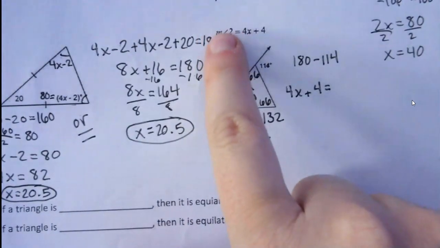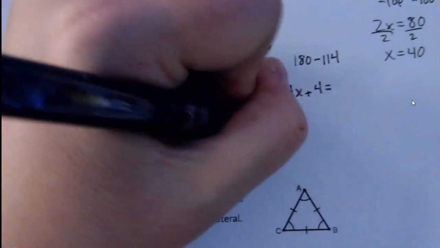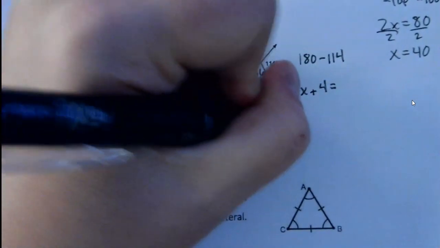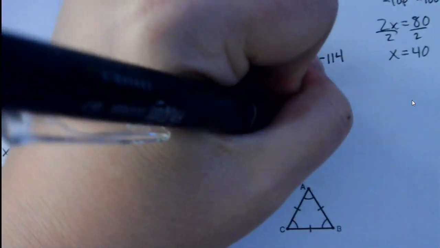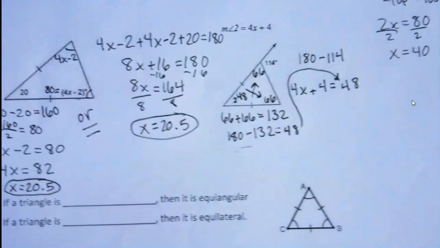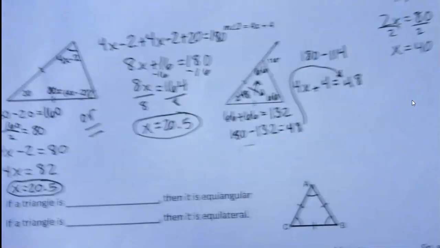It says that the measure of angle 2 is 4x plus 4, which we know is 48 degrees. So we then have to set this 48 right here and set them equal. It's a similar process: you're just solving for the angle, and then whatever that angle is, you set it equal to that x value.